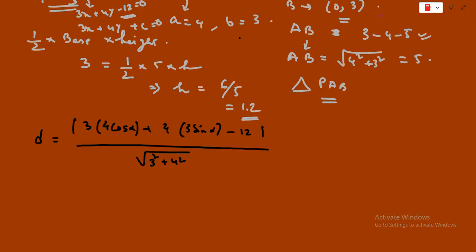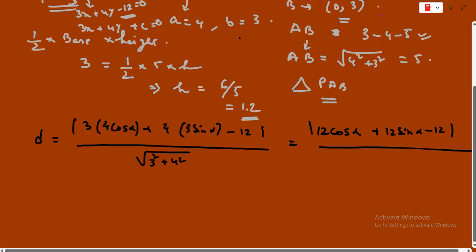So we get 12 cos alpha plus 12 sin alpha minus 12 by 5, right? So D will be equal to 12 by 5 mod of cos alpha plus sin alpha minus 1.